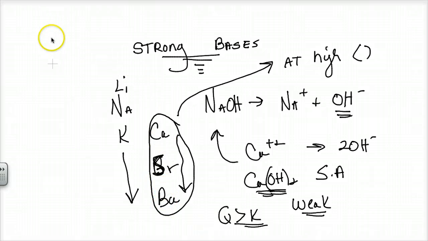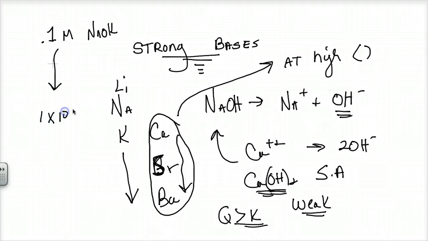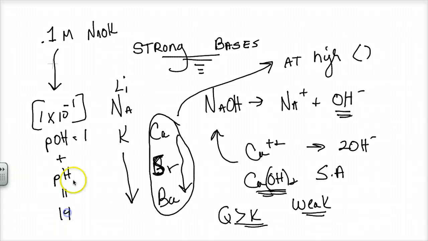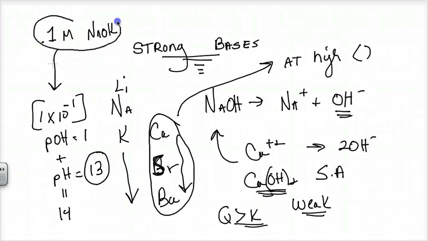So if you got a strong base, like hey, I got 0.1 molar NaOH, that means complete dissociation. So I have 1 times 10 to the negative 1 of my hydroxide, which makes my pOH 1, and pOH plus pH equals 14, so my pH is 13. I can do that directly because I can assume that the concentration of my base is the concentration of my hydroxides.